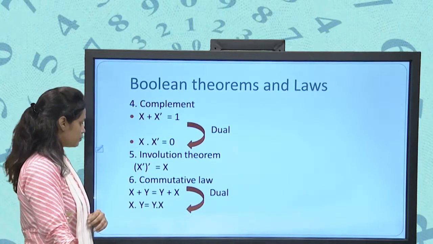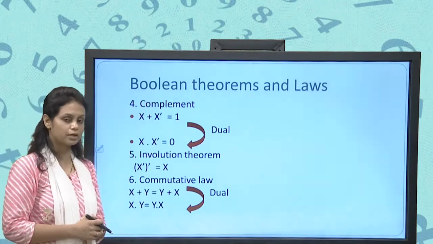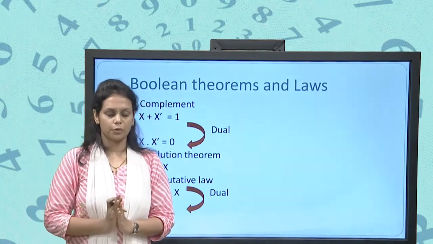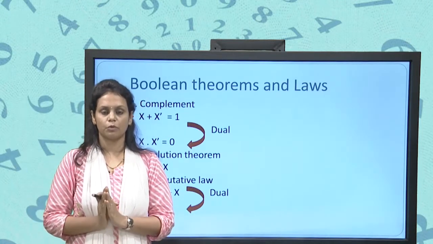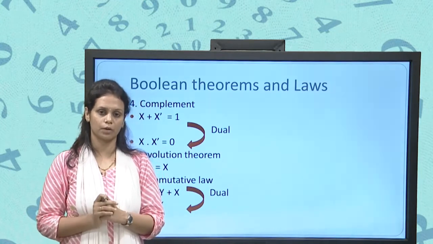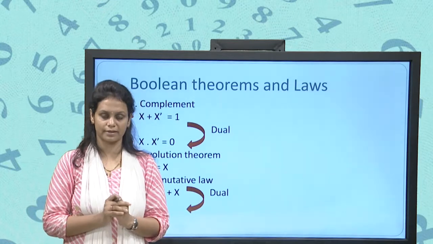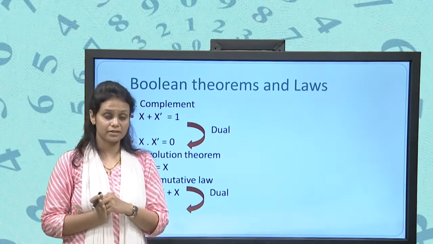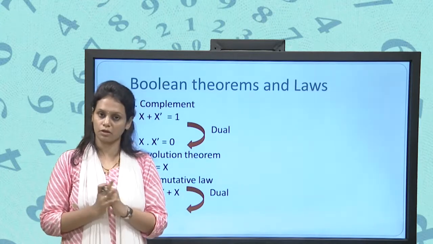Now, next is the commutative law. What is the commutative law in the normal number system? Suppose we want to check whether plus is a commutative operation or not. How will we check? We will try to add two numbers. One number is 2, the second number is 3. What is the output of 2 plus 3? It is 5. What is the output of 3 plus 2? It is also 5.